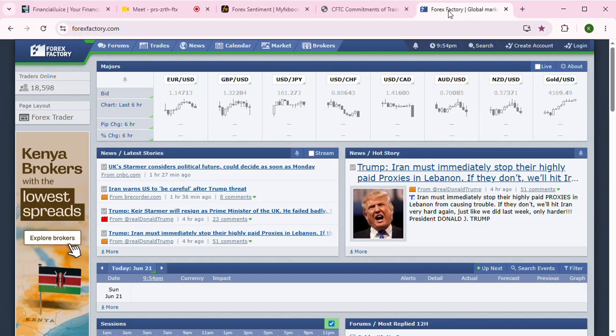Again, people normally say that gold is a safe haven during uncertainties or crisis. Yes, but in this case, it's going to be fear. So at first, yes, people will run and invest in gold, but later they will withdraw their investment from gold and invest in the dollar.